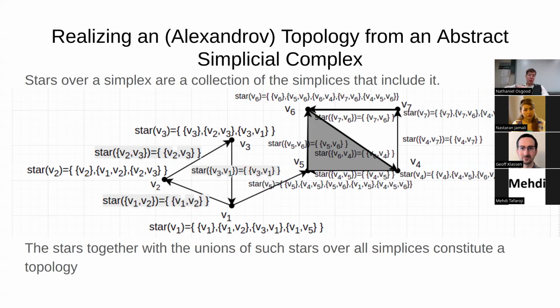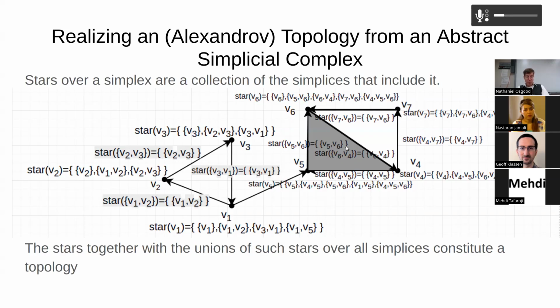We're going to have stars associated with all of the simplices, including these higher level simplices, like V1, V2, a higher degree, or the star of this larger one here of V4, V5, and V6. So we need to consider all of them, and I'm not sure why that one is not written down here. It needs to be.